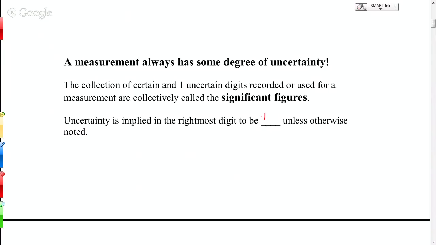And then as we just talked about, that uncertainty is going to be plus or minus 1 unless noted otherwise. That last uncertain digit. You'll notice some types of glassware and things will say right on there what the measurement is, plus or minus 0.2 or plus or minus 0.5. So sometimes it's a little bit different. If it's not specified, we're going to assume it's plus or minus 1 on that final digit.